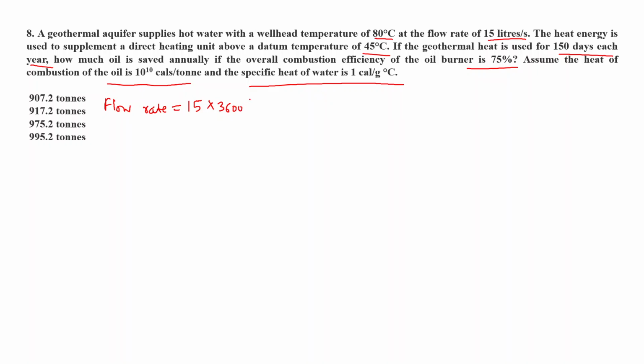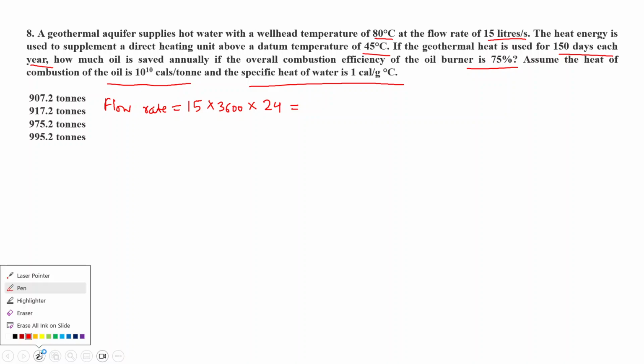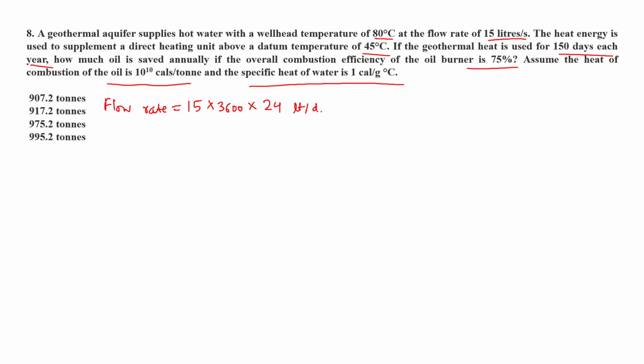Converting it to day, the seconds present in a day is 3600 into 24. As we had liter per second, it will give us liter per day.